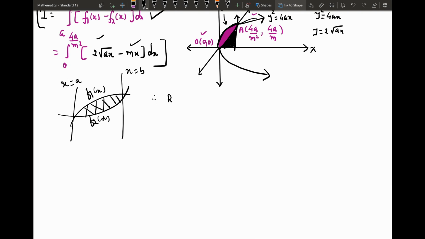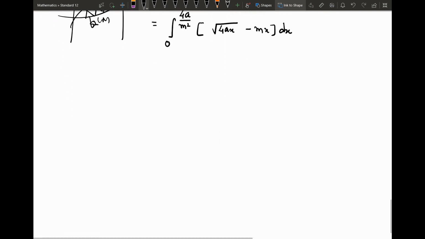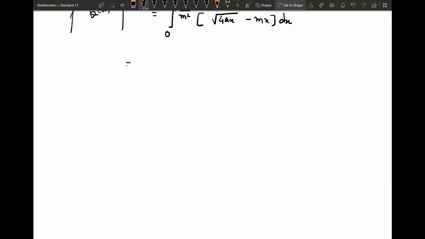Therefore the required area equals the integration, limit 0 to 4a upon m square, of under root 4ax minus mx dx. As we have discussed, we are using this formula. Now it is an ordinary definite integral, we can integrate it term wise.